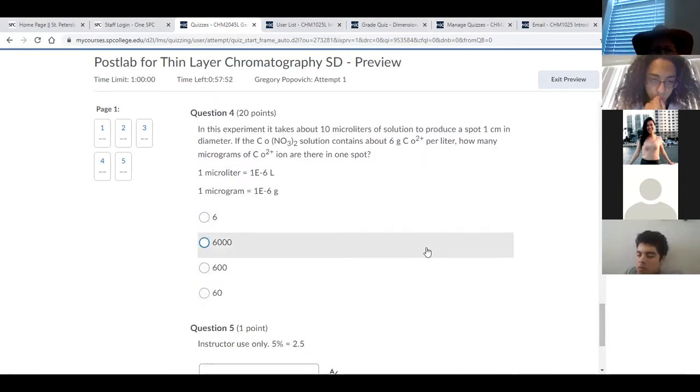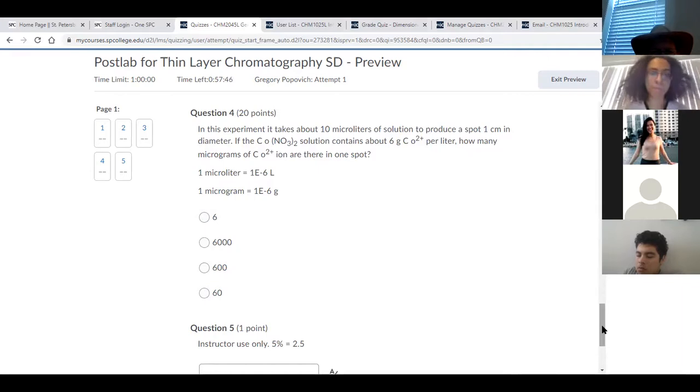Dimensional analysis question. Okay, basically, it's a dimensional analysis problem. You have 6 grams per liter, and you change that into micrograms in the 10 microliters.